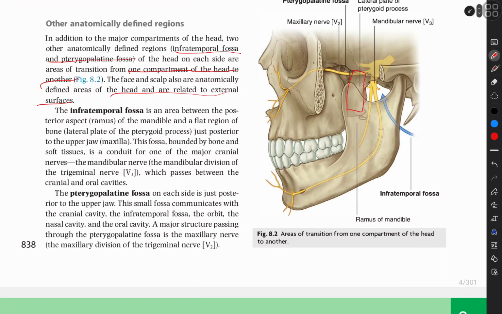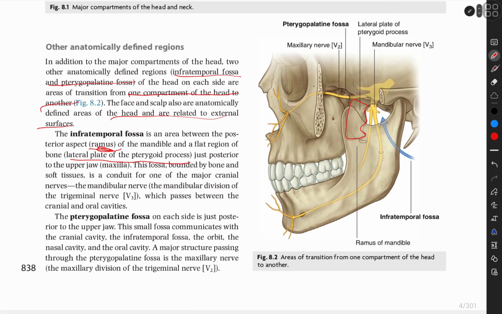Makes sense. Infratemporal fossa is an area between the posterior aspect of the ramus of the mandible and a flat region of bone, the lateral plate of the pterygoid process. Okay, so this is the ramus of the mandible. Yeah, and this, which I have already highlighted, is the lateral plate of the pterygoid process.